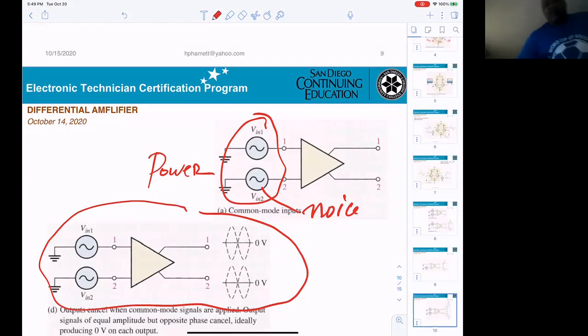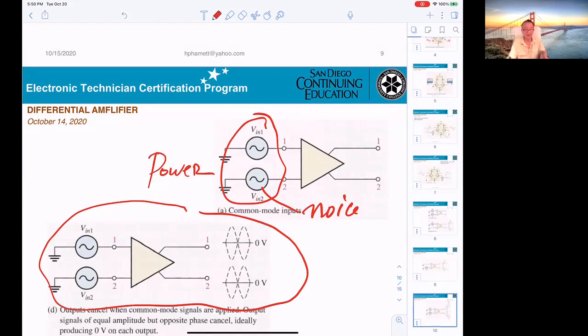On the second display, the two inputs are identical. What do you think the output is supposed to be? Looks like 0. Exactly, you can say 0. So when you apply both, the outputs will be opposite and they cancel out.